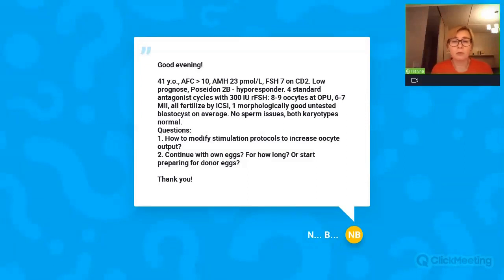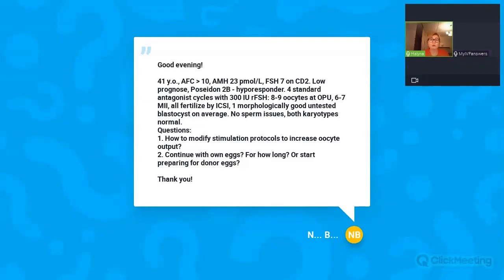Also probably it will be good to see if your blastocyst is genetically normal, and then take a further decision. Also it is possible to talk about egg donation.